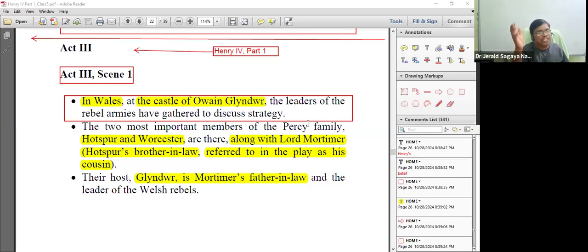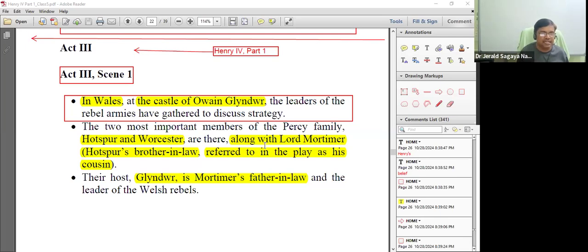So he wants to shake hands with Owain Glendower and get support from him. So he goes to Wales.